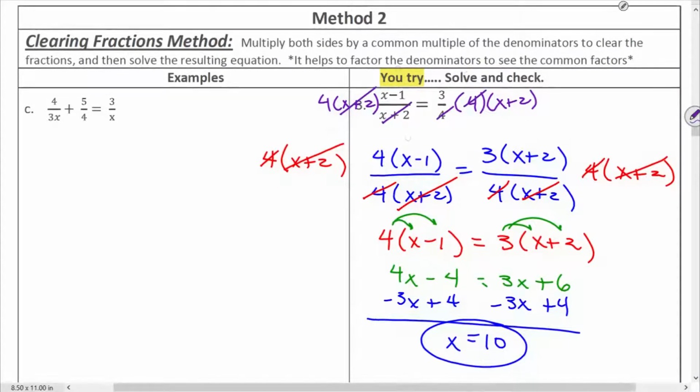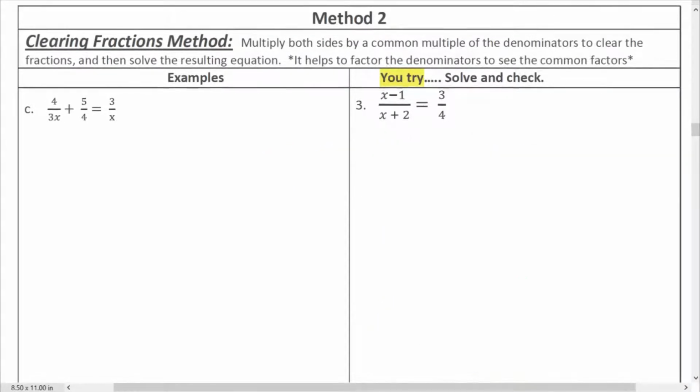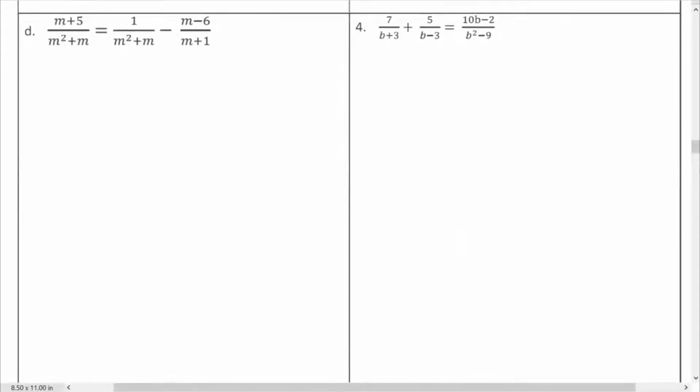But at the very beginning, I would encourage you to first find a common denominator, and then multiply by that denominator, and then go from there. Let's look at one more question like this. We'll look at number 4.